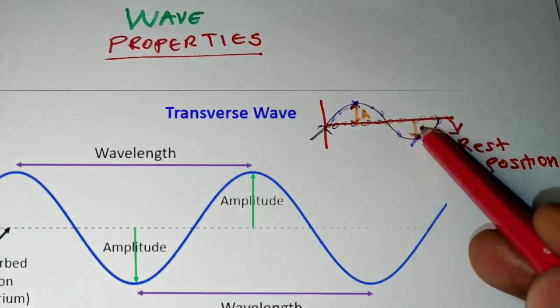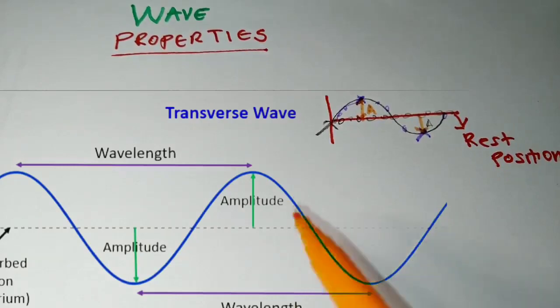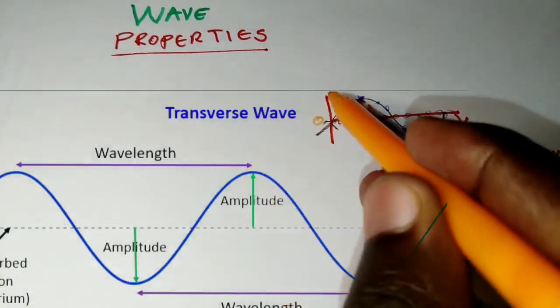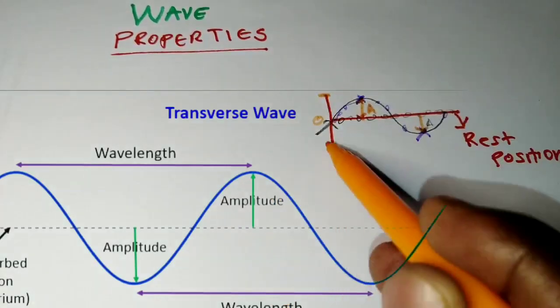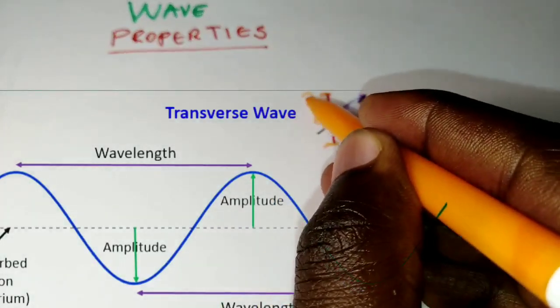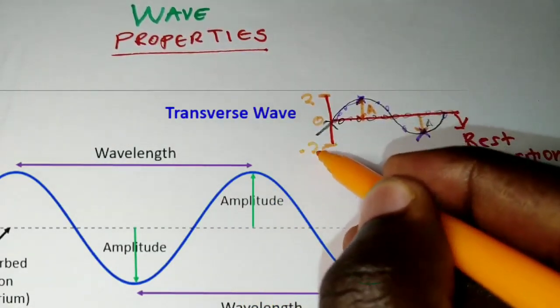Also here, that is the amplitude. So here the rest position, the 0 mark, you have positive numbers going this side and negative numbers going this side. So here you can have a 2, you can have negative 2.